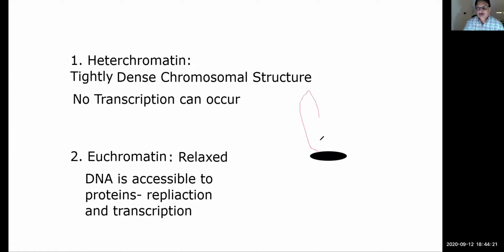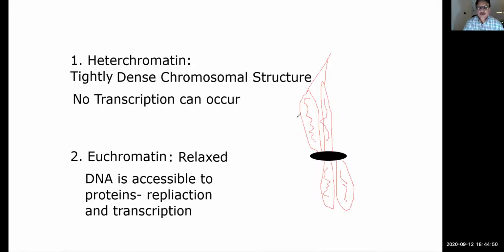Let's say this is one chromatid, and this is the second chromatid. It's not a perfect diagram. I hope the message goes through. The relationship between these two chromatids is that they are sister chromatids. Within each chromatid is DNA.